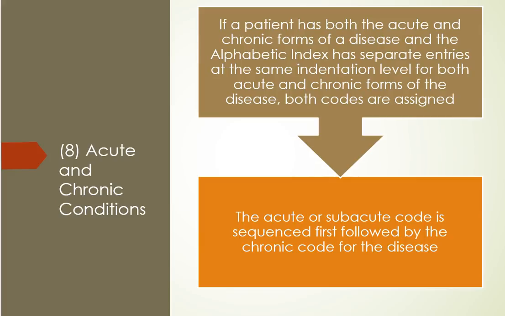So according to the ICD-10-CM guidelines, if the patient has both an acute condition and a chronic form of that condition, and the alphabetical index at the same indentation level, we spoke about the indentation level in our first video, has separate entries for both the acute and the chronic form of that disease, both codes are assigned.